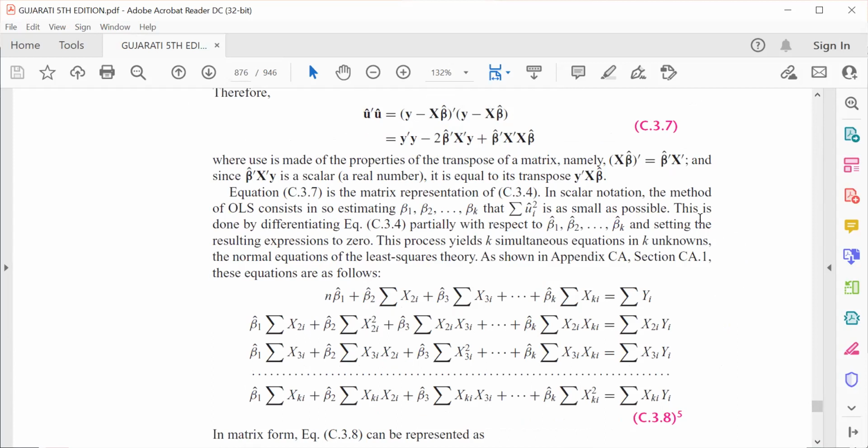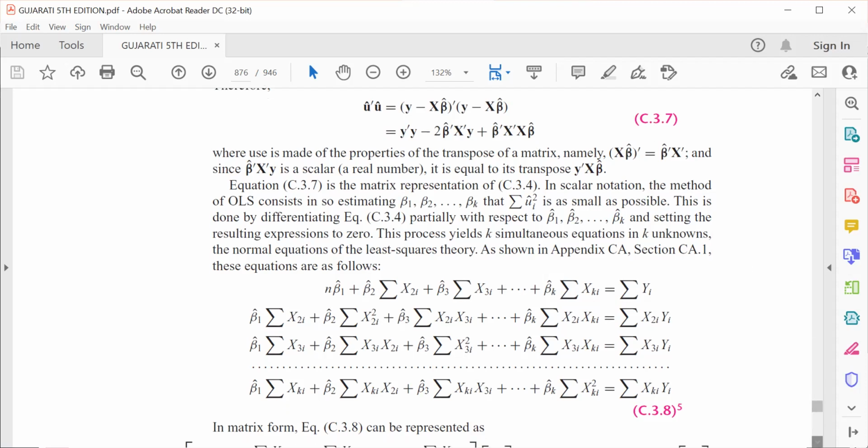Here we have two betas: the first beta here, and another beta in the last position. So this means beta prime beta becomes sigma beta square. If we take the derivative of beta prime x prime x beta, it becomes 2 times x prime x beta. We get this here.